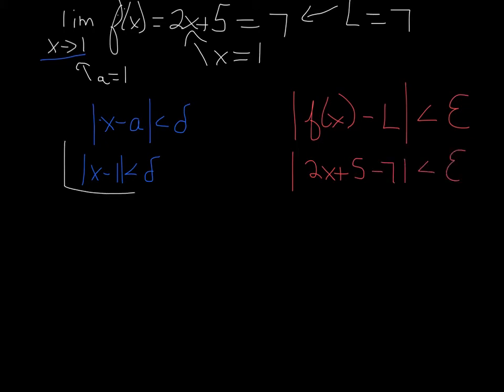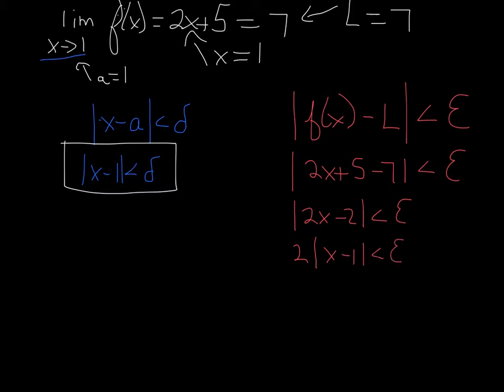Now, there's not too much we can do with this function here. It's already pretty simplified. But if we look over here at the epsilon function, we can collect up our constants. We can common factor. And we could even write the left-hand side so that it's exactly the same as the delta definition. So if the two left-hand sides of these equations are equal, then the right-hand sides also have to be equal.